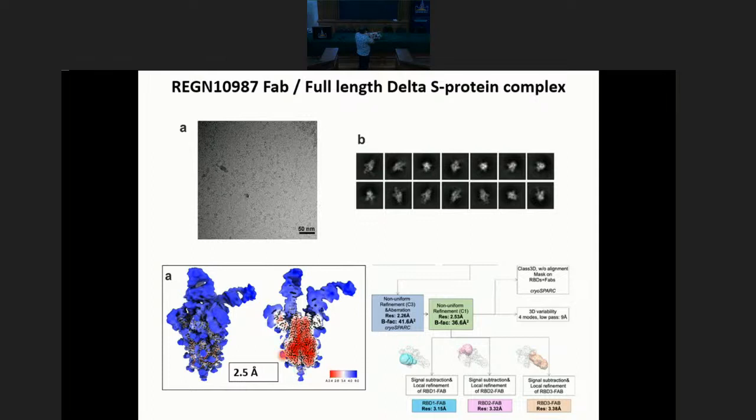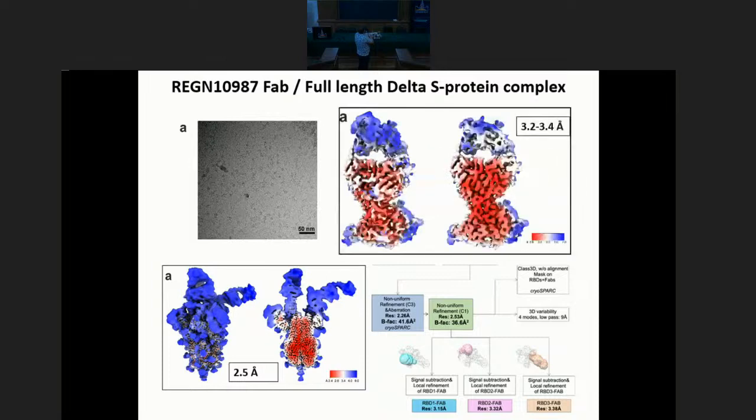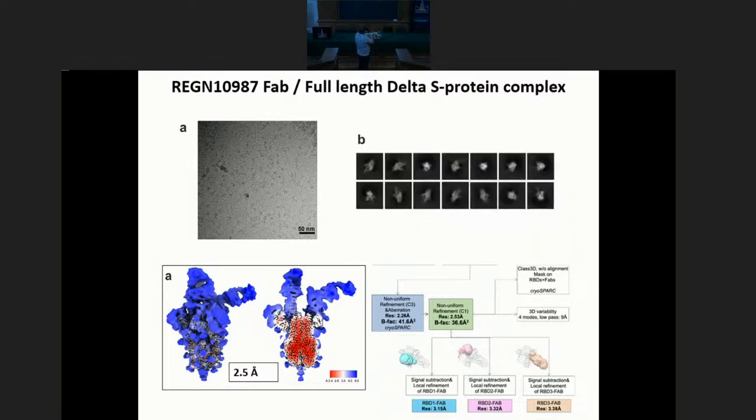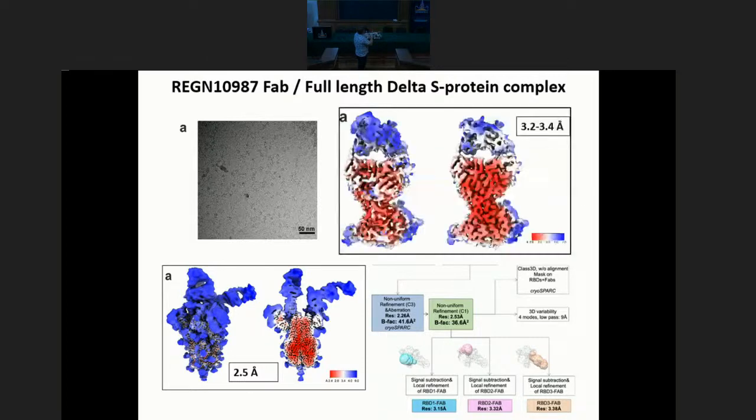The periphery was very badly resolved. The RBD and bound Fab fragment were also not very well resolved. Therefore, they did three steps of focused refinement of individual RBDs with bound Fab fragments, and obtained three additional structures of these complexes with resolutions of 3.2 and 3.4 angstroms.